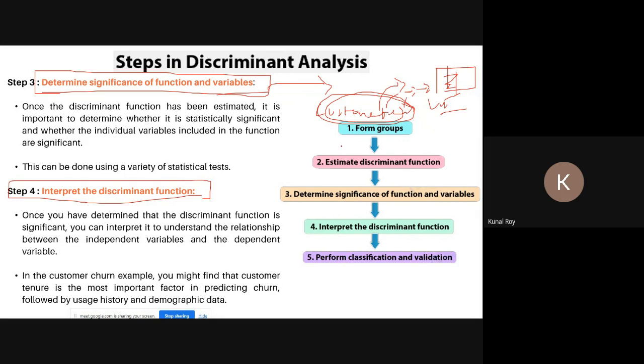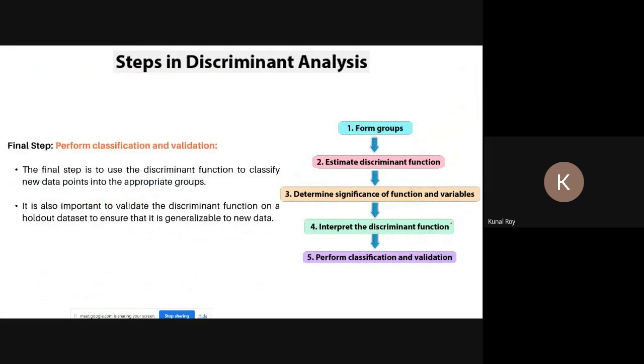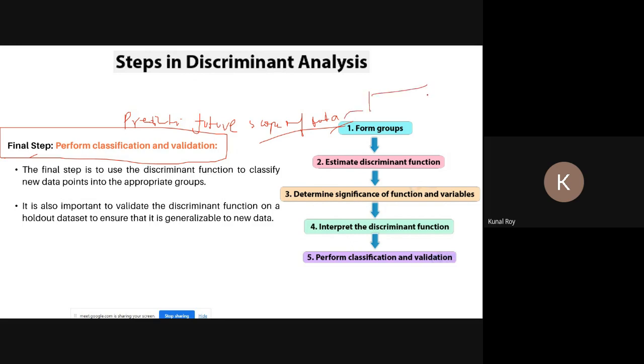So the first part is forming the groups, the second part is estimating the discriminant function, the third part is determining the significance of functions and variables, and then we interpret that discriminant function. After taking all the necessary steps for the discriminant approach, we can then analyze the data which is used for predicting the future scope of the data, and what could be the result behind those data.